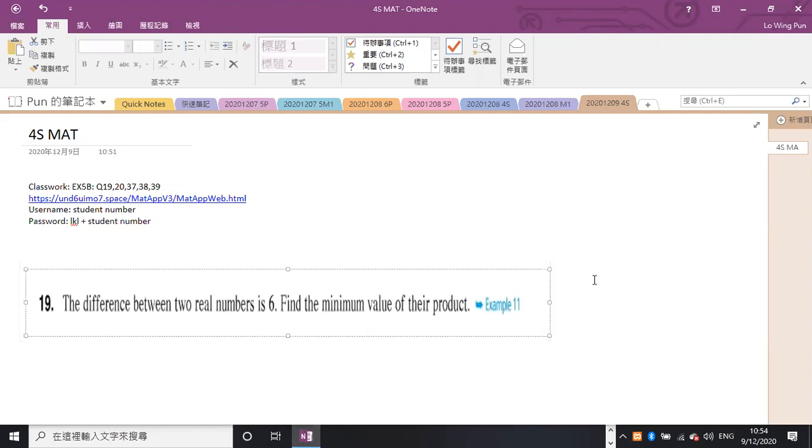So the difference between 2 real numbers is 6, and find the minimum of their product. So there are 2 real numbers, and the difference between them is equal to 6, and we are going to find the minimum value of some other thing. That is the product.